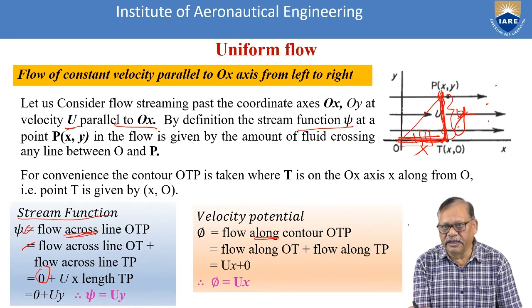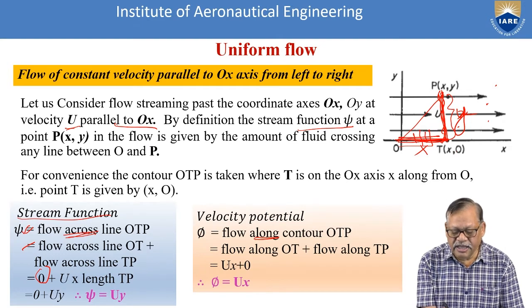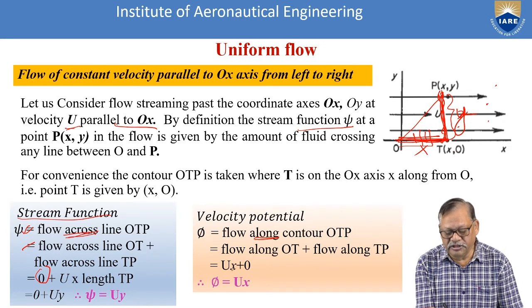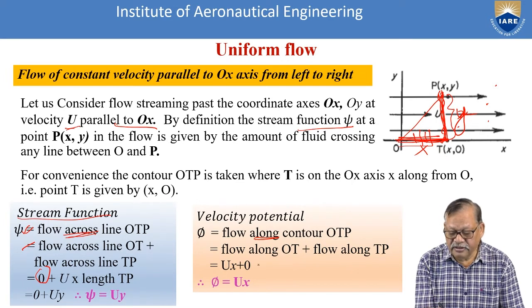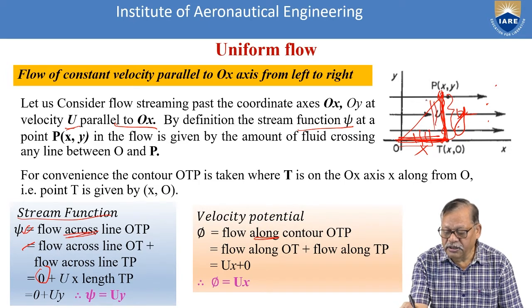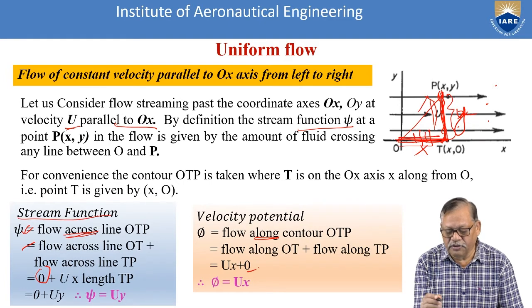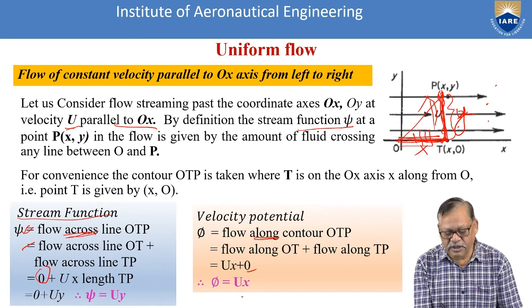If you take the flow along OT, how much flow is coming? The velocity we have considered is U into X, plus along Y is any velocity going? No. Along this, no flow is going. So obviously that is 0. If we add it, phi is equal to Ux.